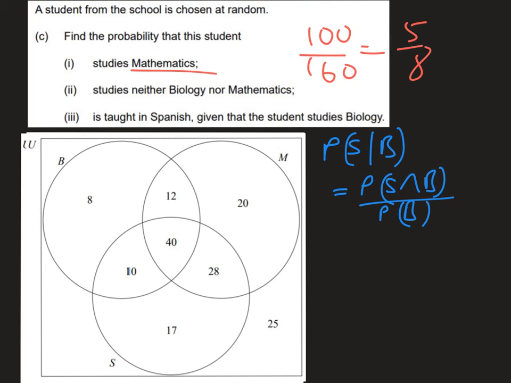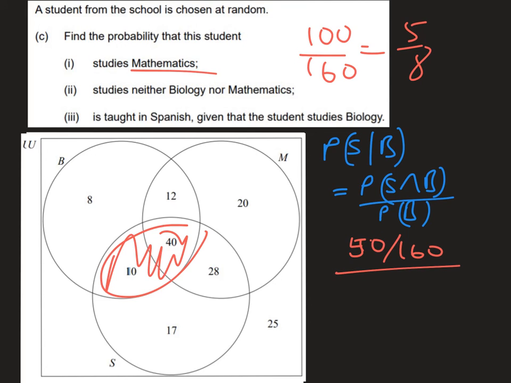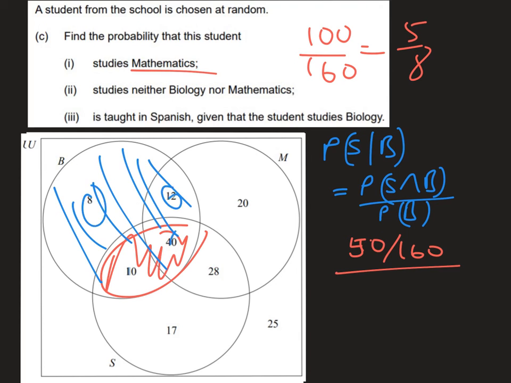The probability that they do Spanish and biology, we can see that's going to be this intersection here, which is 50 out of 160. And we're going to divide that by the probability they do biology, which is going to be everyone in this set here, which is therefore 70 out of 160.